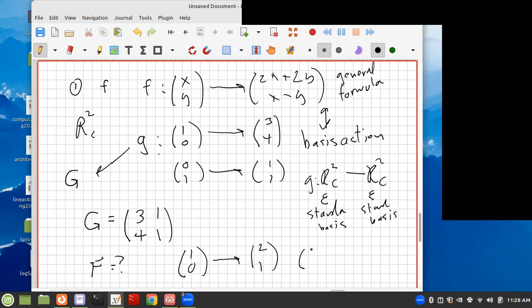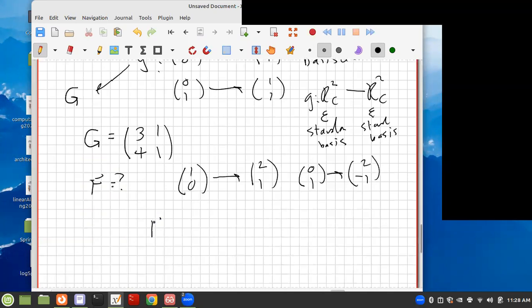And the other one, 0, 1, would go to where x is 0 and y is 1. That would be 2, minus 1. So therefore, F would equal 2, 1, 2, minus 1.